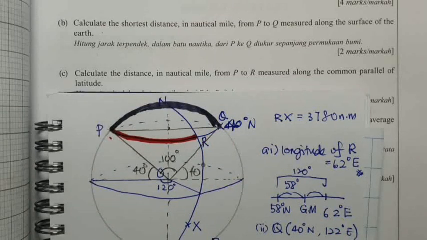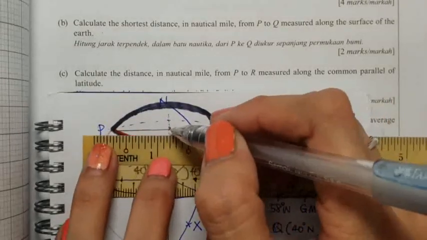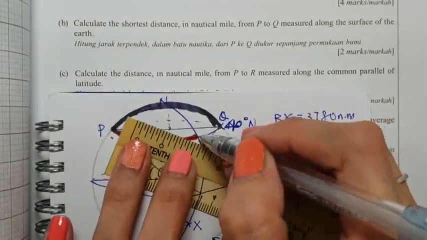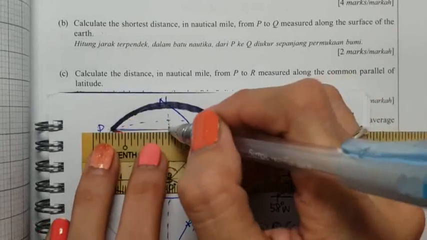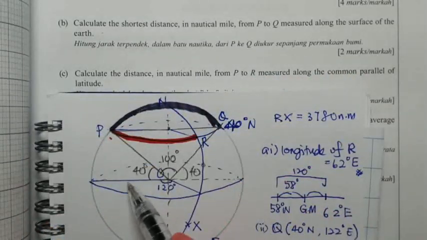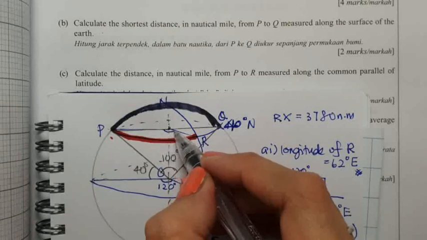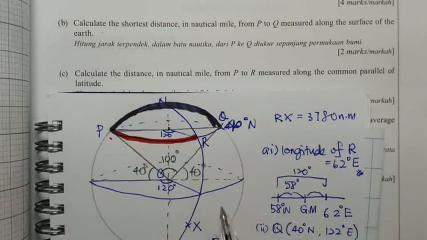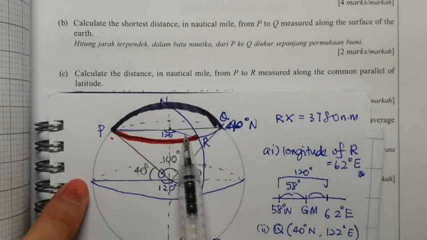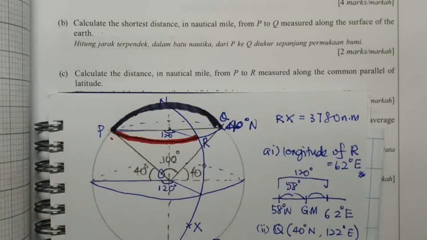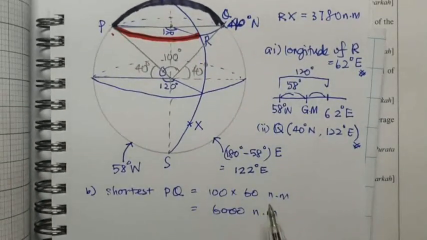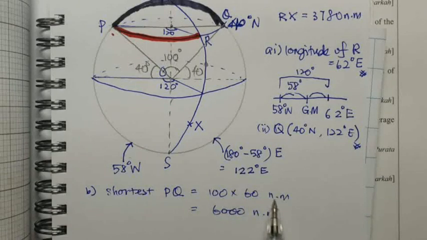So we need to find the angle between the P and the R. And it is the same as the angle here because they are measuring along the same longitude. So it's 120. This is also 120. But however, it's not the great circle. That is why it is much shorter. So when we use the formula, it cannot be theta times 60. We need to times the factor that causes it shorter.